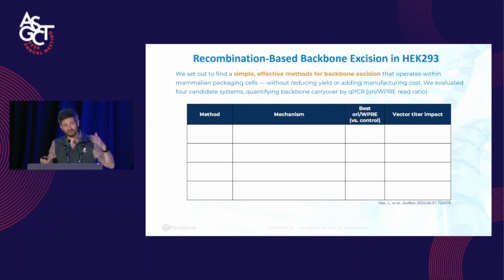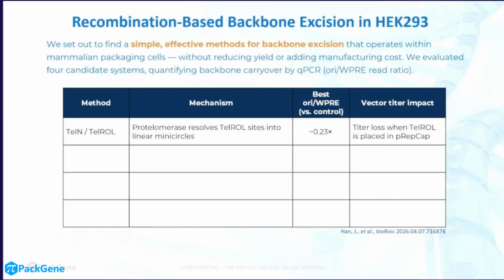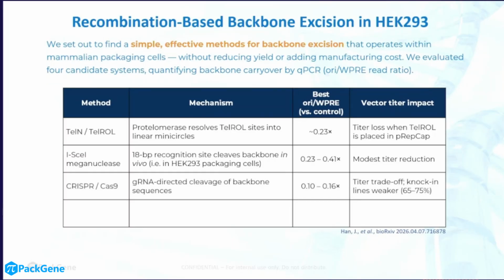I'll briefly go over the first three methods that we tested: the protelomerase that creates these doggybone DNAs, ISD1 meganuclease restriction, and CRISPR, adding CRISPR sites. In all these cases, we ran qPCR for the origin of replication sequence, which is our proxy for the backbone, and the Whipper sequence as the proxy for our transgene, to see how those ratios change.